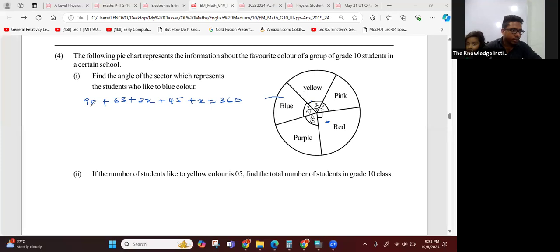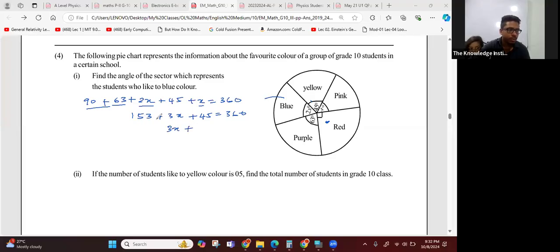Then we can simplify this. 90 and 63 is 153. 2x and x equals 3x, and then plus 45 equals 360. So 153 and 45 is 198.